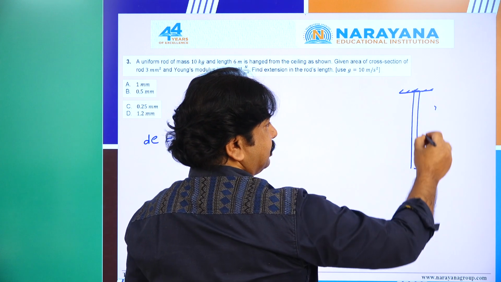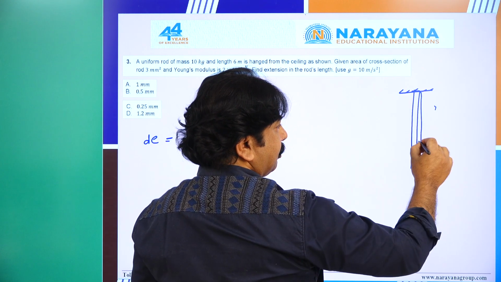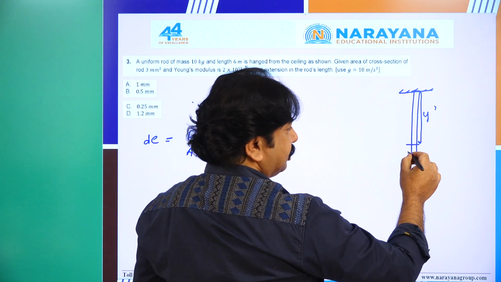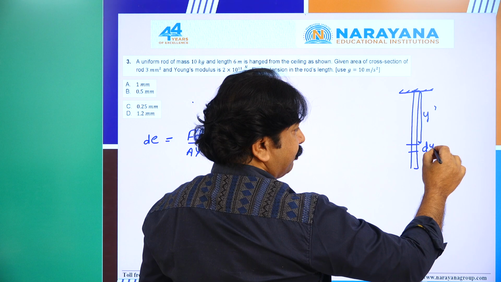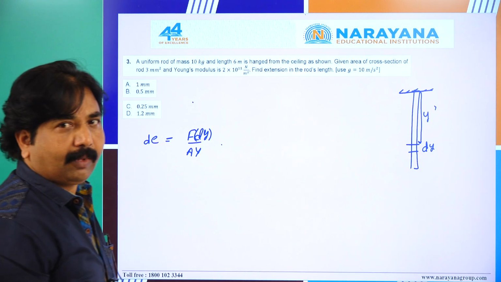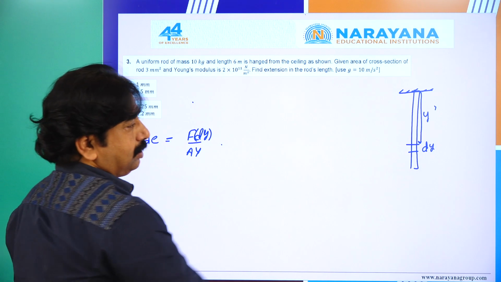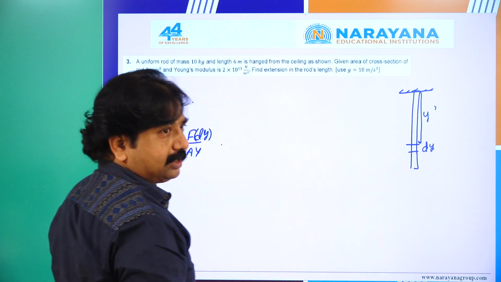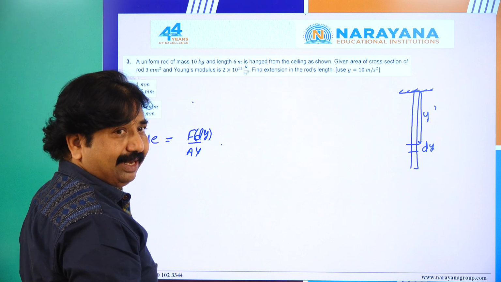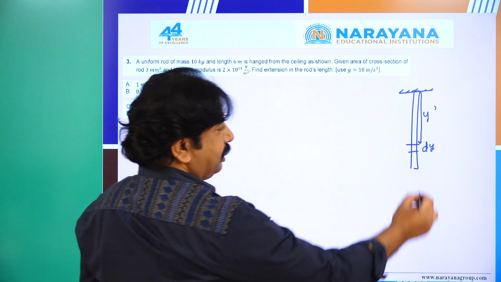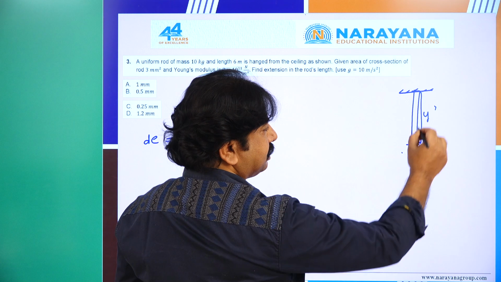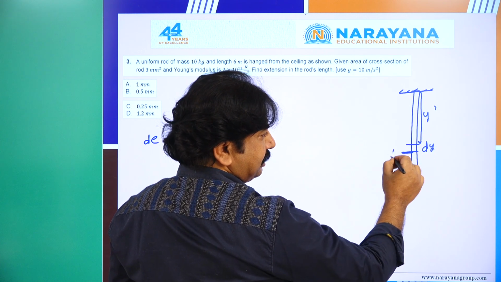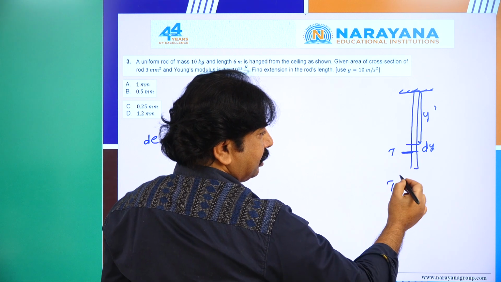Here we are considering such a way, this is the y, this is nothing but dy only. Now we want to calculate the elongation in this small part of length dy. Here one more point we have to consider: the tension at this region is equal to T at this point.